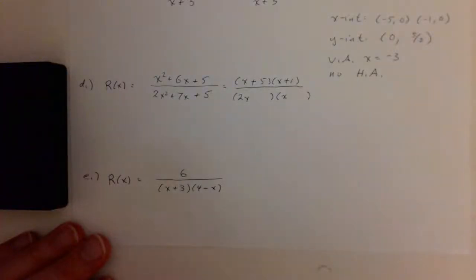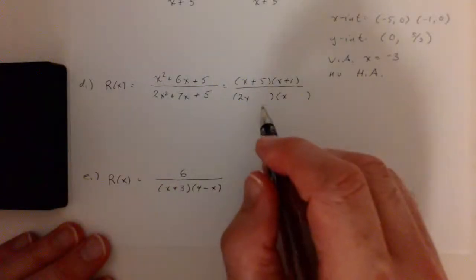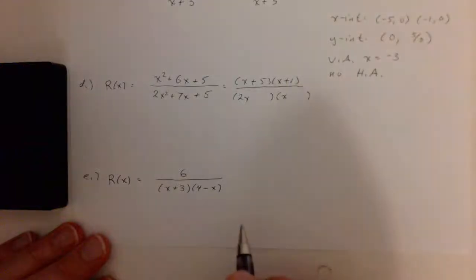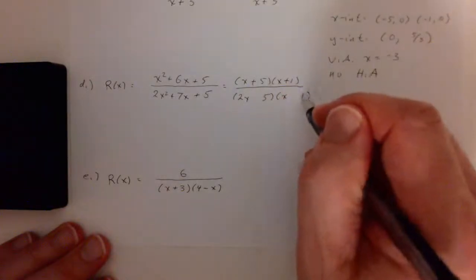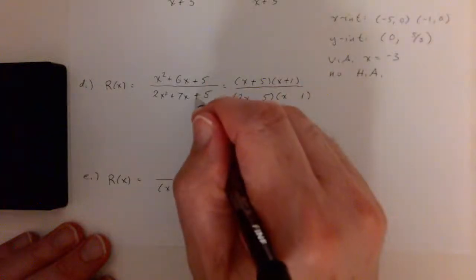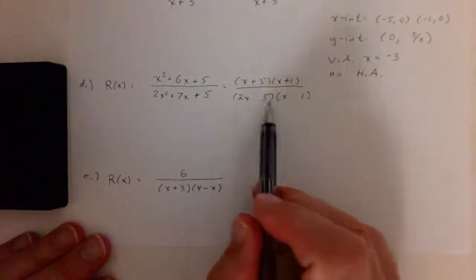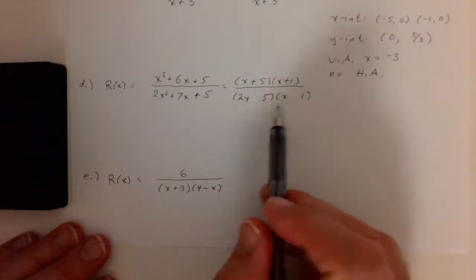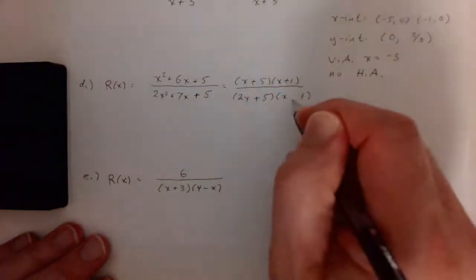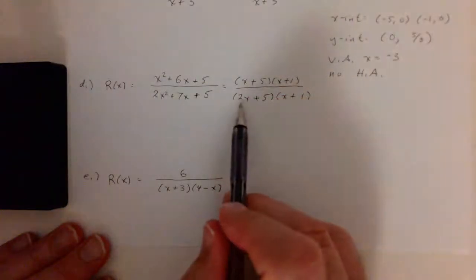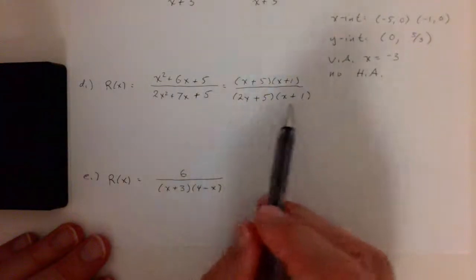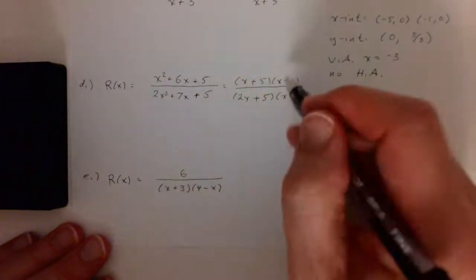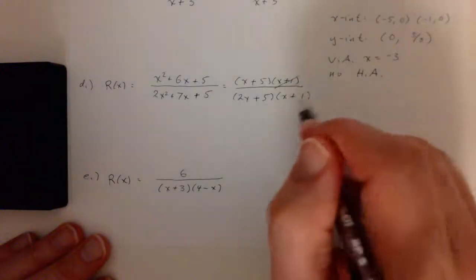And we probably want a 5 and a 1. So we probably want the 5 here, the 1 here, and then put pluses here. And sure enough, that's 2x squared plus 5x plus 2x, that's 7x plus 5. And here we can see the x plus 1s will cancel.